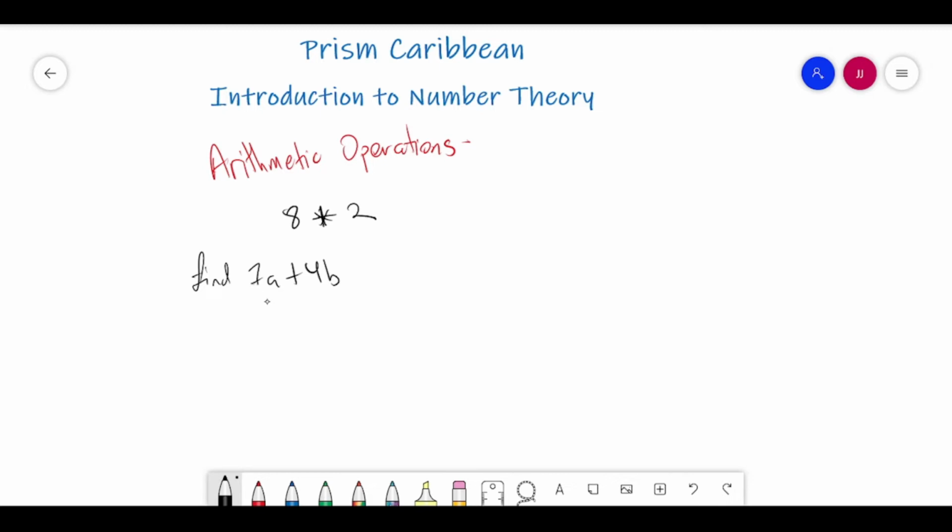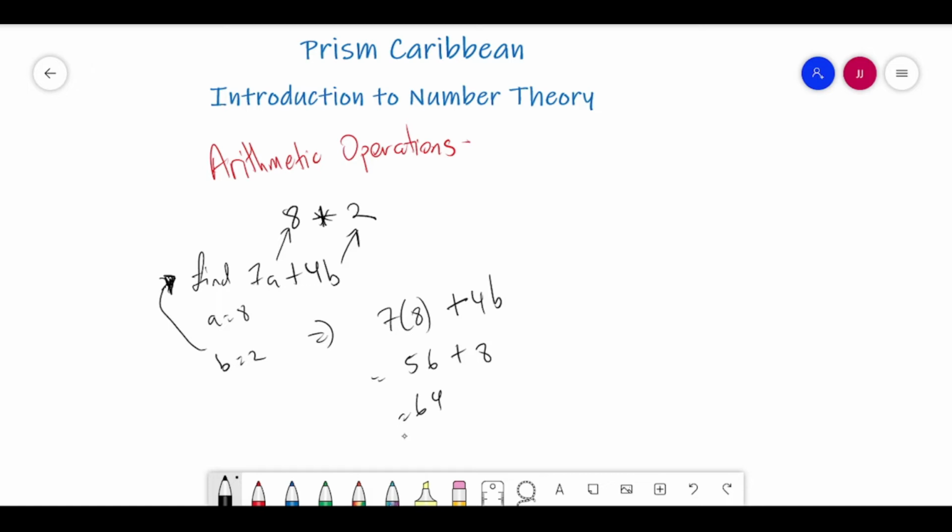Well, we can put it directly into the formula. We can say A is equal to 8 and B is equal to 2, given the chronological sequence. So this would imply 7 by 8, because we go in with the chronological sequence, plus 4 by B, which will be equal to 7 by 8 is 56 plus 4 by 2 is 8, which is equal to 64. And it's as simple as that.